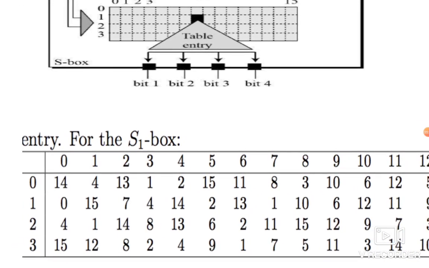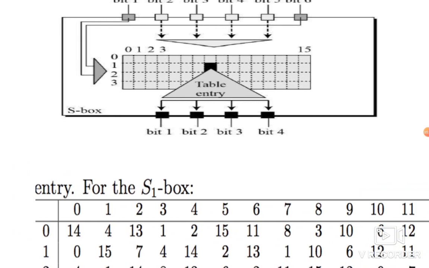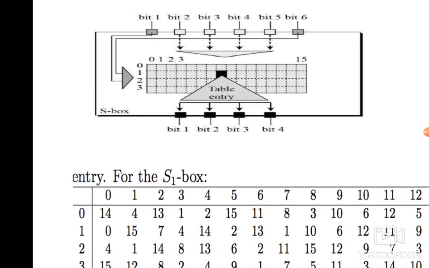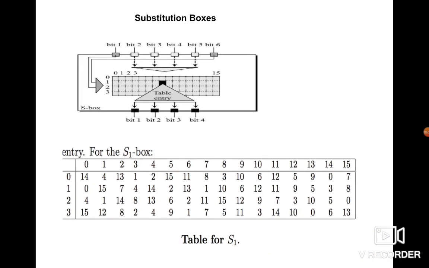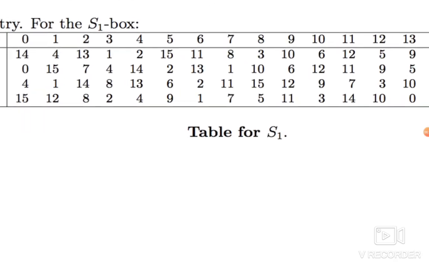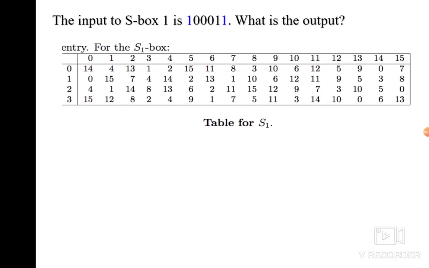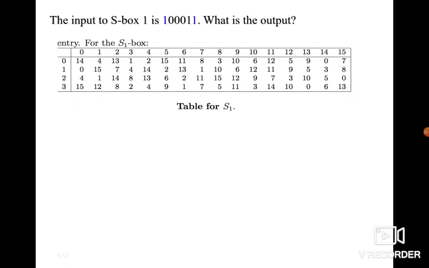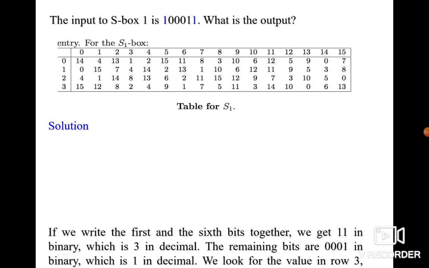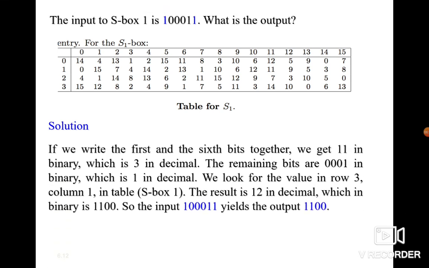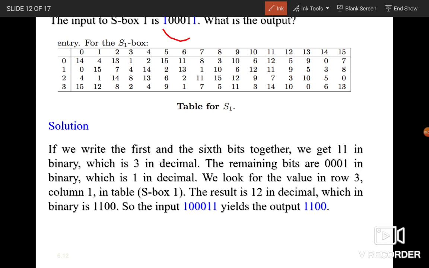Here we follow one substitution box. Using this substitution box, every bit is substituted by some other bit. So how this substitution takes place, this is one example. Our input is 10011. How is it substituted? First we combine the first and 6th bits, that is 1 1, which is equivalent to 3 in decimal.